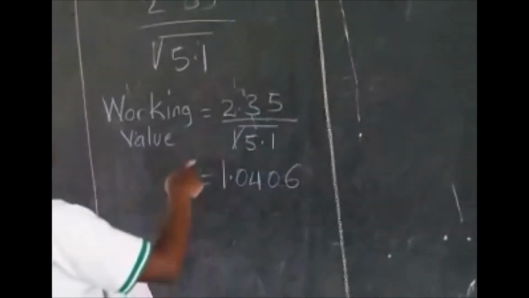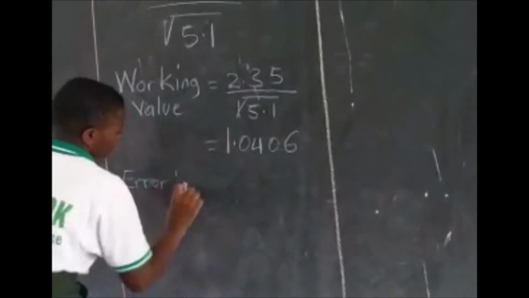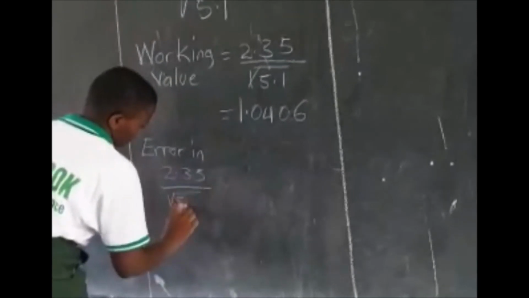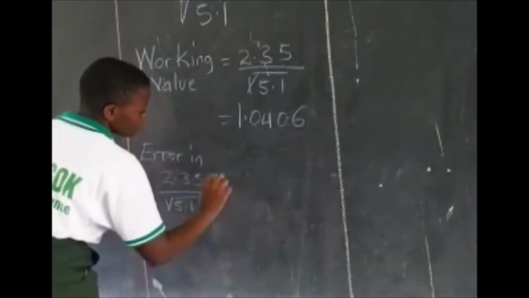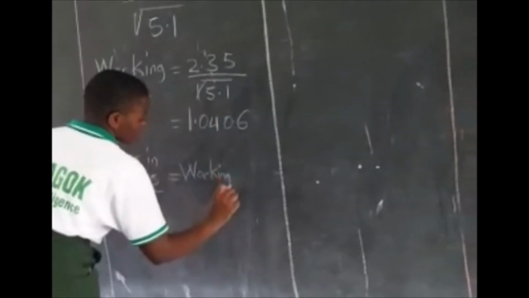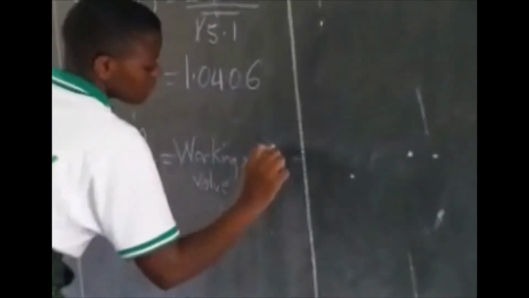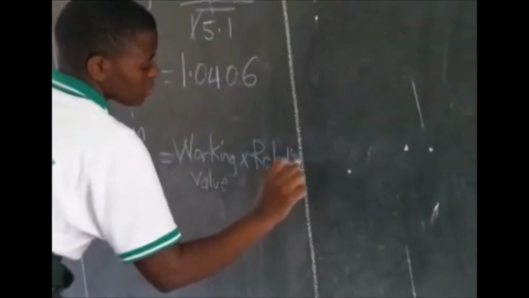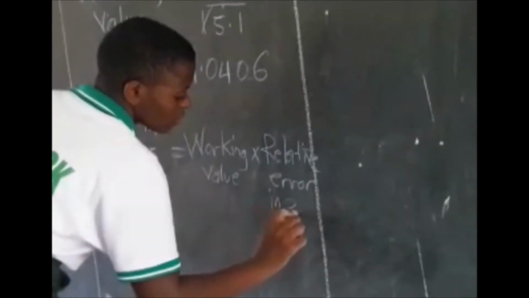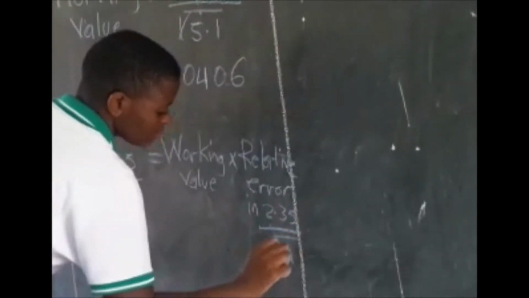Now, we are going to find the error in 2.35 out of root 5.1, and it will be equal to the working value times the relative error in 2.35 out of root 5.1.